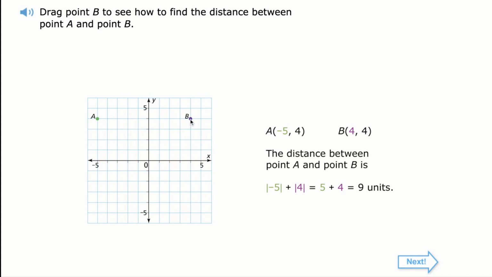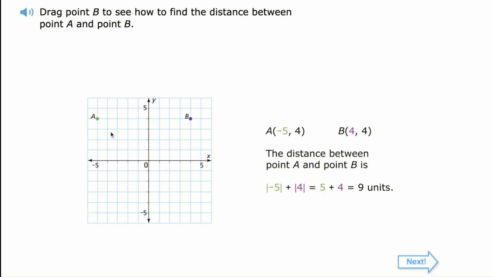These two coordinates A and B, this time instead of having the same x-coordinate, they have the same y-coordinate. So since they have the same y-coordinate, we will use the absolute values of their x-coordinates to find their distance. A is at -5, B is at 4 on the x-axis. So we can add their absolute values to find their distance is 9.